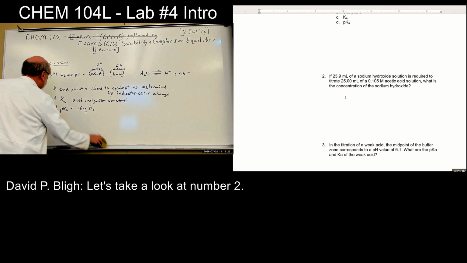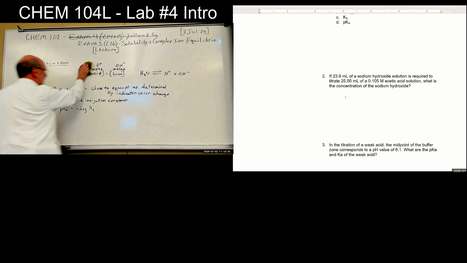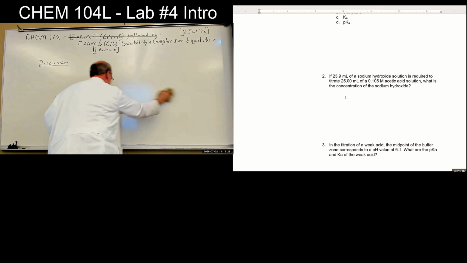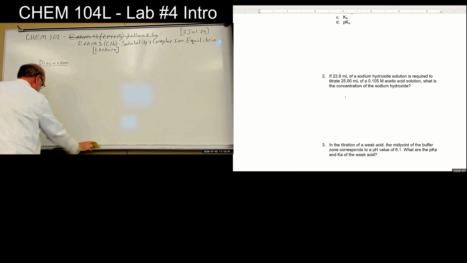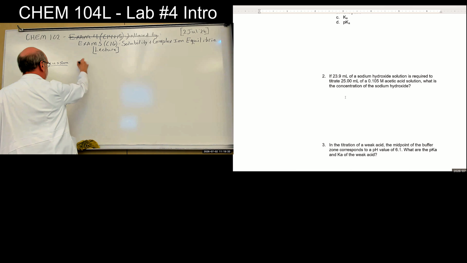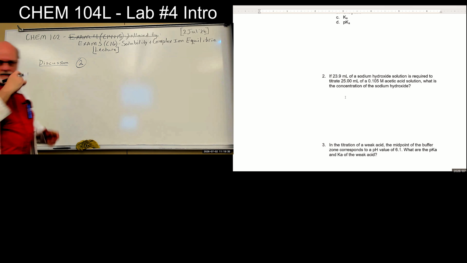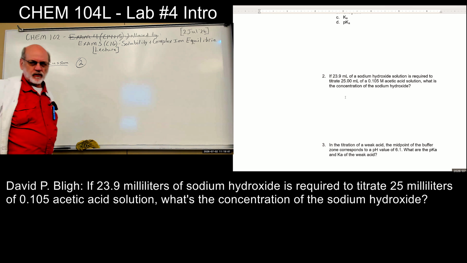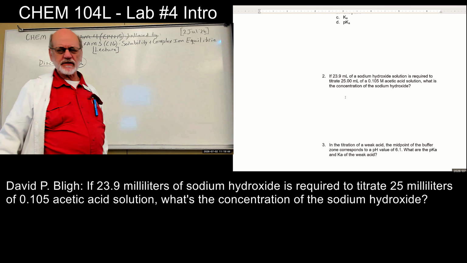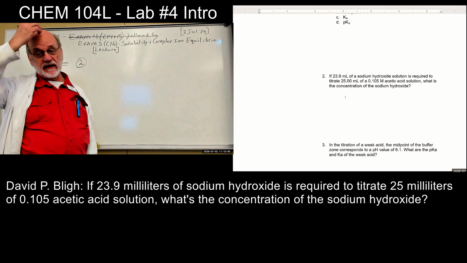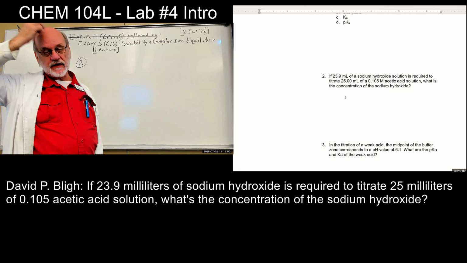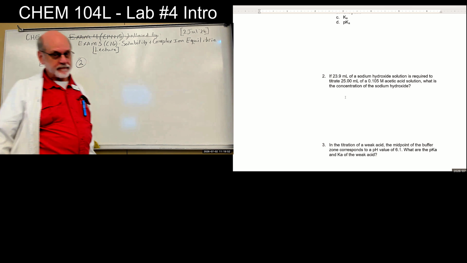All right. Let's take a look at number 2. If 23.9 milliliters of sodium hydroxide is required to titrate 25 milliliters of 0.105 molar acetic acid solution, what's the concentration of the sodium hydroxide? All right.